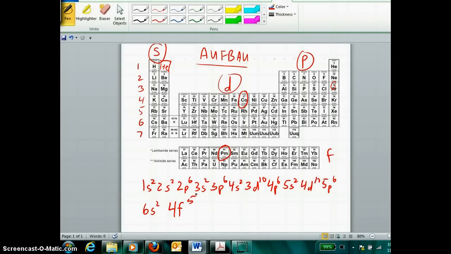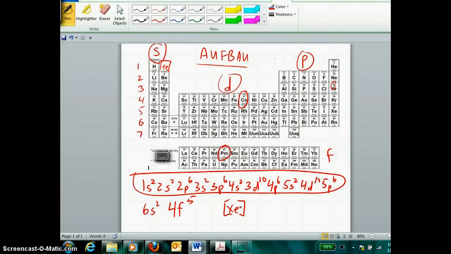Of course, we can greatly simplify this, because if I use atomic number 61, the next lowest core noble gas in atomic number is xenon. So I could write xenon in square brackets and account for 54 of the 61 electrons. It's all of these accounted for by simply writing the xenon core.